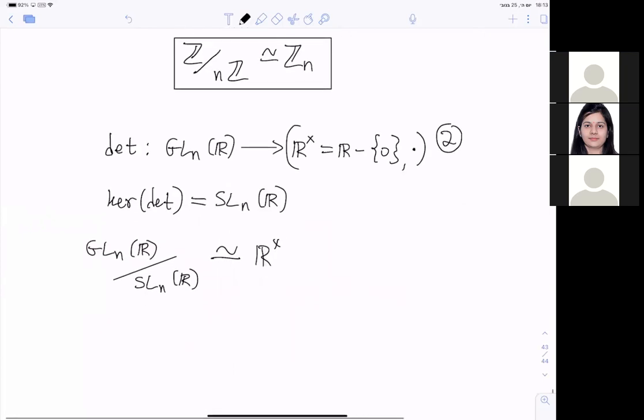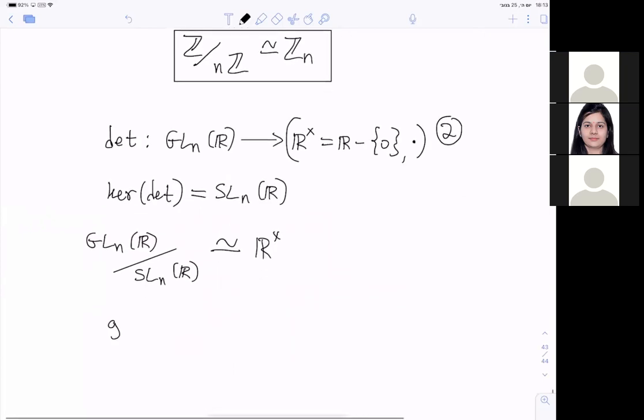How? You take some coset here to what? What do all matrices here have in common? The determinant is the same. So it goes to what?